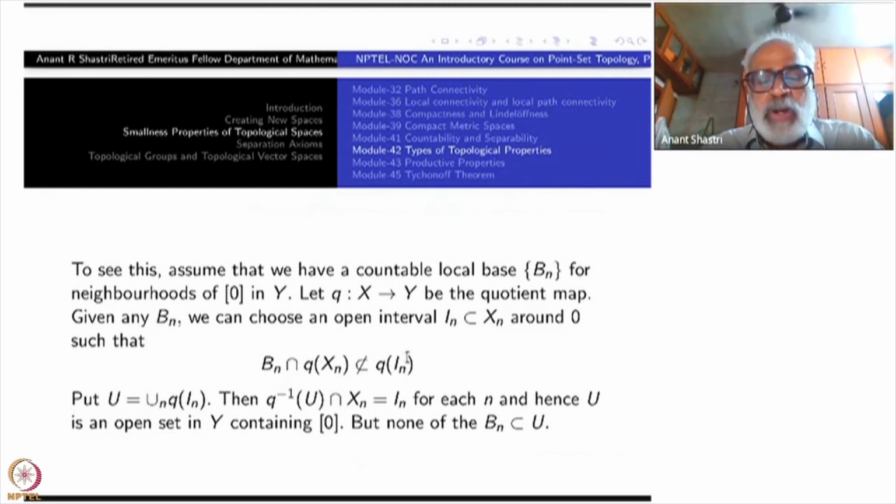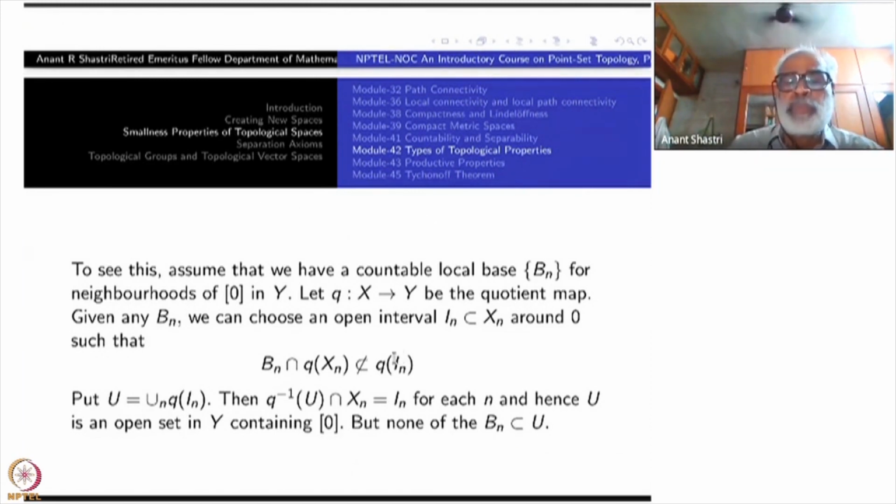Do the same thing for all n, B1, B2, Bn, and so on. You look at the corresponding Bn and go to the corresponding copy of R. There you choose a neighborhood very small, so that it doesn't contain this.